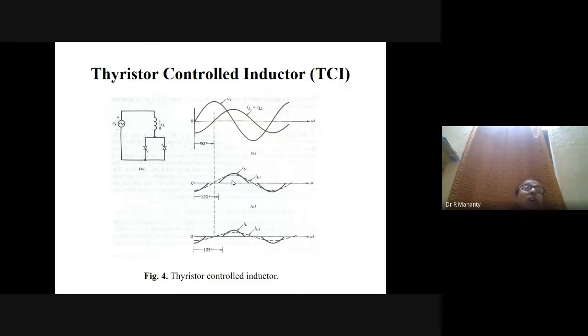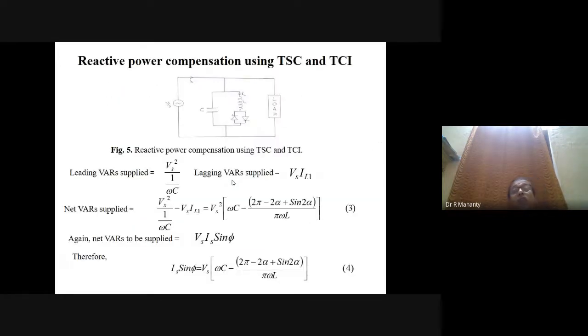And you have already defined power factor as displacement power factor multiplied by I1 divided by Is. Here you are trying to improve the displacement power factor, but in that way you are deteriorating I1 by Is. So this is one of the major limitations of thyristor switched capacitor and thyristor controlled inductor.